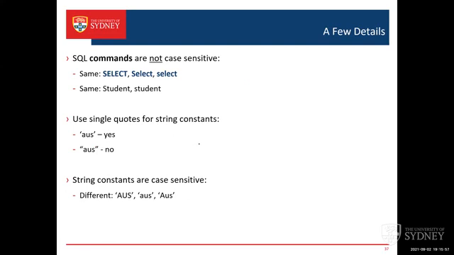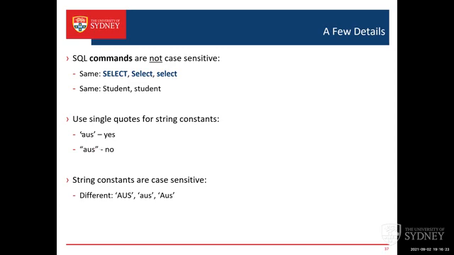Okay, but before I run, there are a few things we need to remember. SQL commands are not case sensitive. That's good news for us. So if you write select in capital, small, or mixed, that's fine. The commands are not case sensitive. You have to use single quotes when you are working on strings, right? So if you are comparing, let's say, Australia, you cannot use double quotation. That will throw an error.